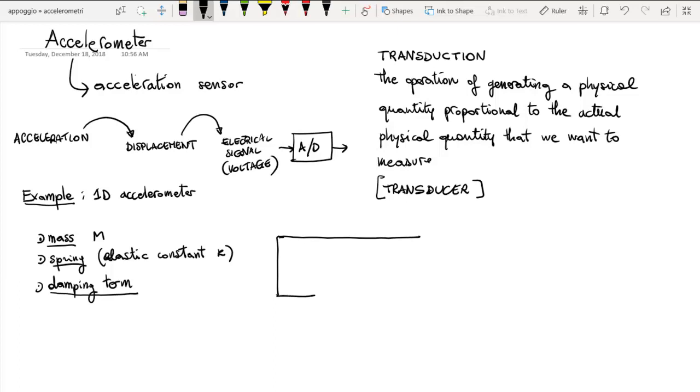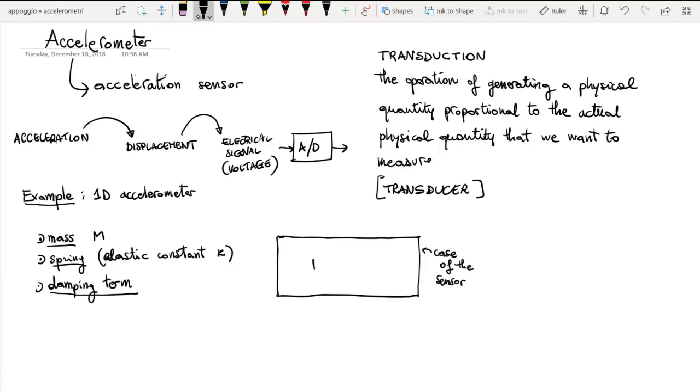Let me show you a very simplified physical representation. Let us assume that this is the case of the sensor. And the case of the sensor is attached to the object of which we want to sense the acceleration. So it moves together, which means that the acceleration of the object is identical to the acceleration of the sensor case. Okay?